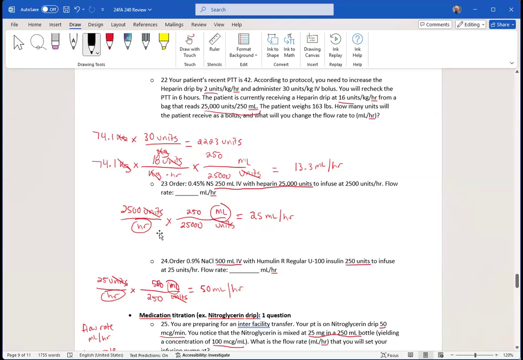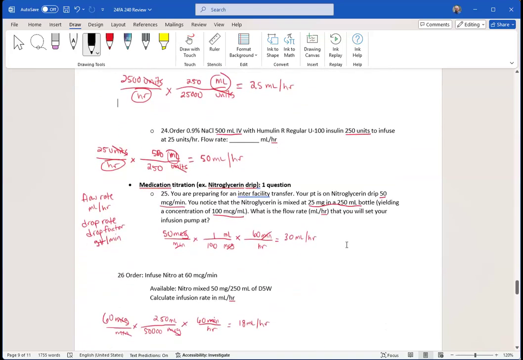I would just flip these two numbers here. I would flip the 250 ml, put it on the bottom and put the 25,000 units on top, and then I would be able to solve it the same way. As long as hours are on the bottom and either units or milliliters are on the top, you're doing it right. It's just a matter of organizing it to get started.